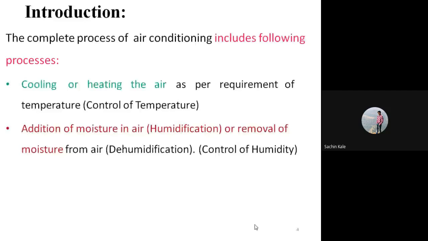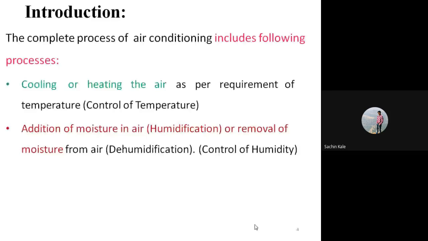Whereas in the summer season, we have to cool the air, that means reduce the temperature of the outside air, as well as dehumidify the air, that means remove the moisture particles from the air. That is called cooling and dehumidification.